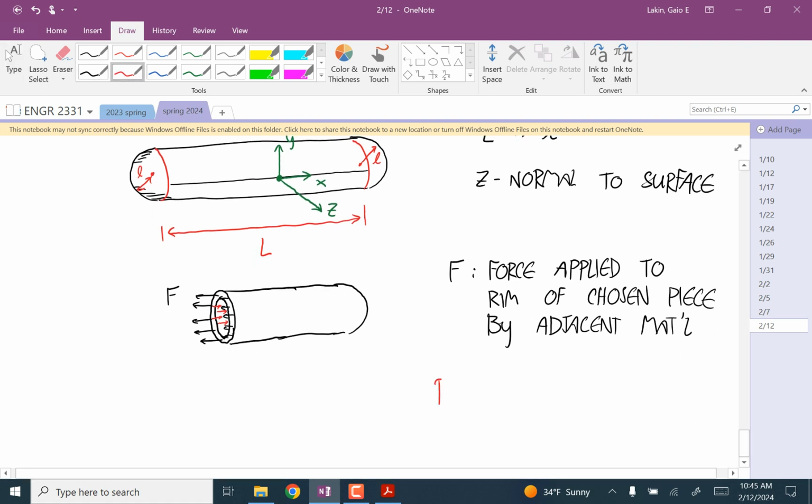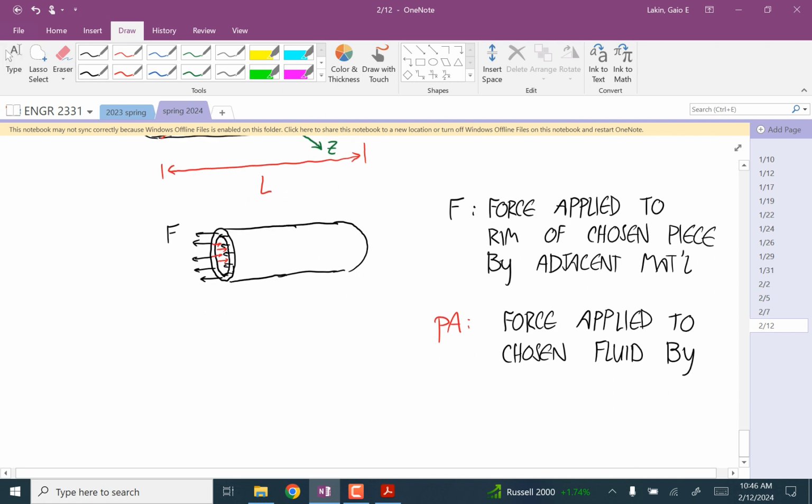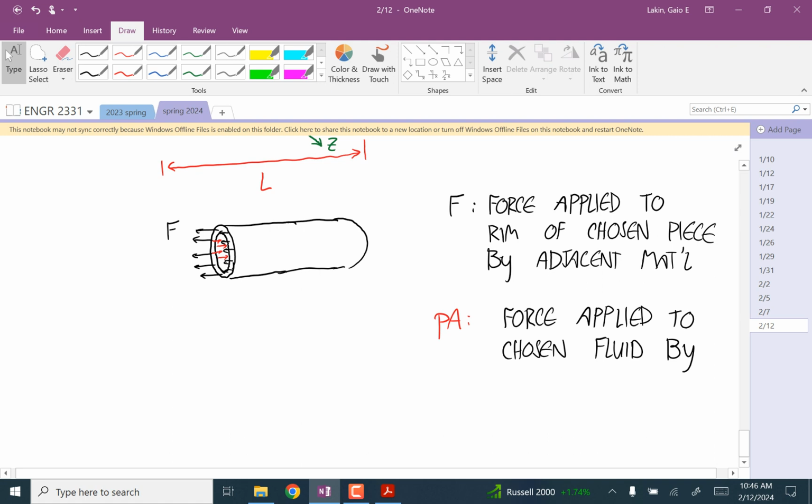And the red is the pressure times the area, and that is the force applied to the chosen fluid by the adjacent fluid.